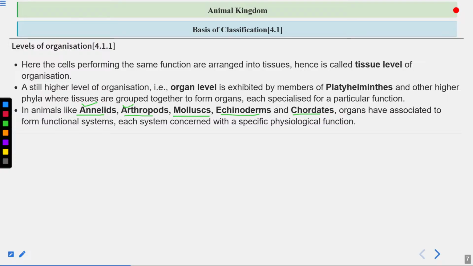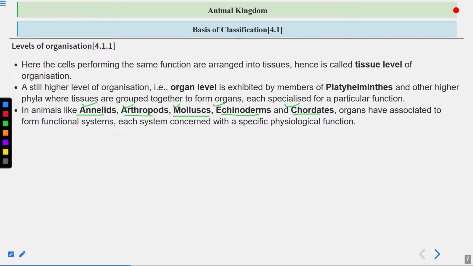Arthropods. One of the organisms is the cockroach. Mollusk. One of the organisms is the pearl oyster, the organism which gives you the pearls. Echinoderms, starfish, and chordates. Chordates include the fishes, amphibians, reptiles, birds, and mammals, right? All come under the chordates.